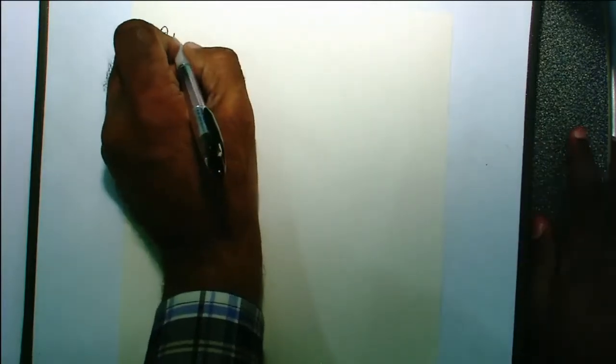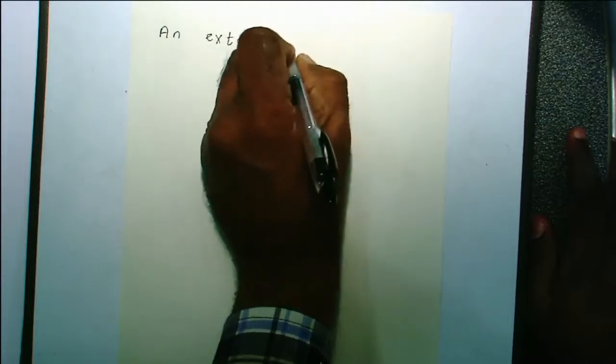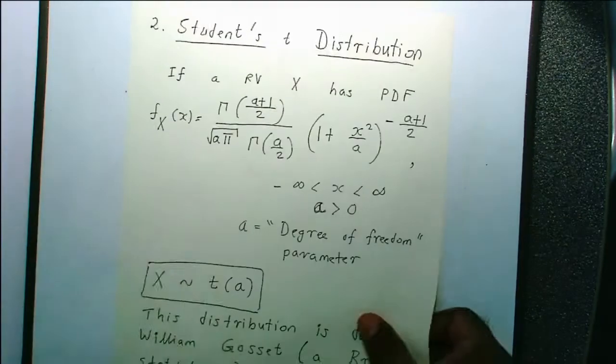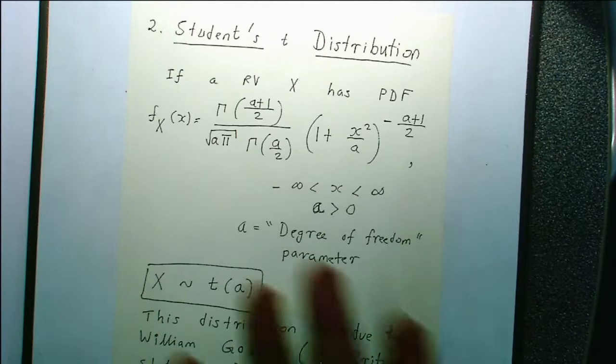All right. Next one. Now, if you look at the PDF of the student's T distribution, there is no mean parameter.